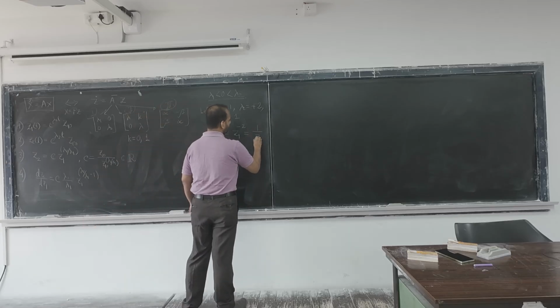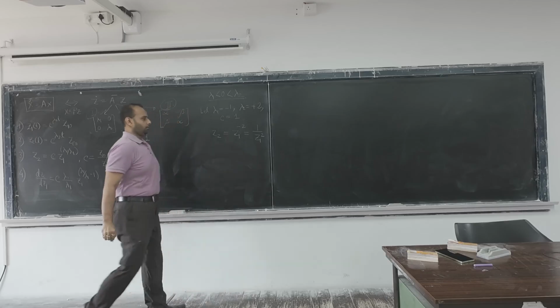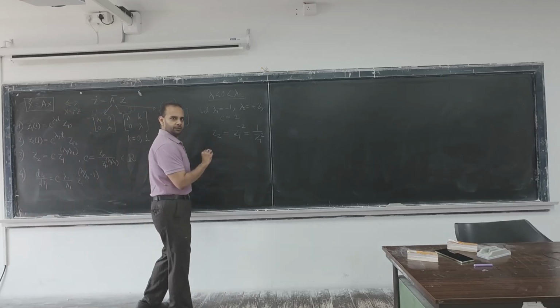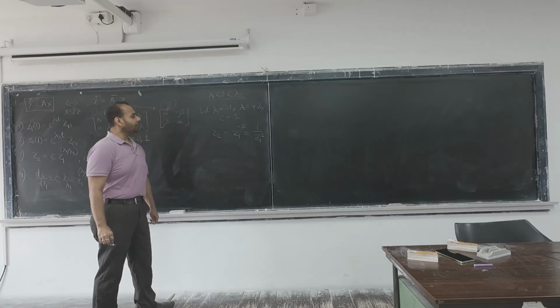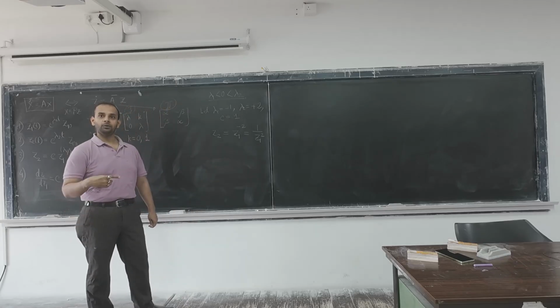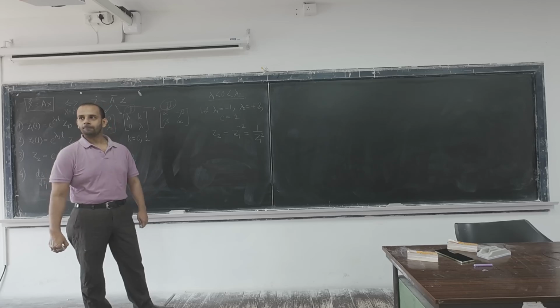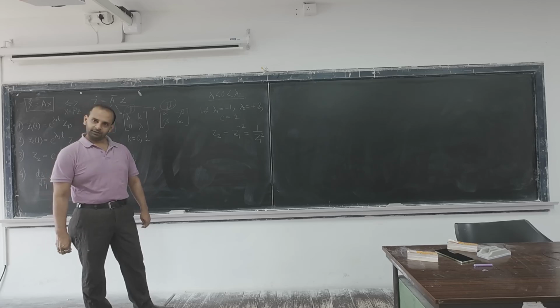So 1 by z1 square. That is the situation for us, isn't it? Earlier we had z2 equals z1 square, but now you see it is 1 by z1 square. Okay? Is it fine?